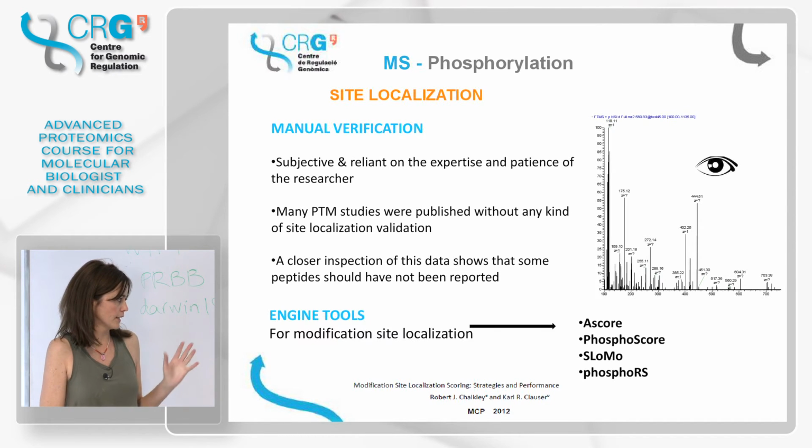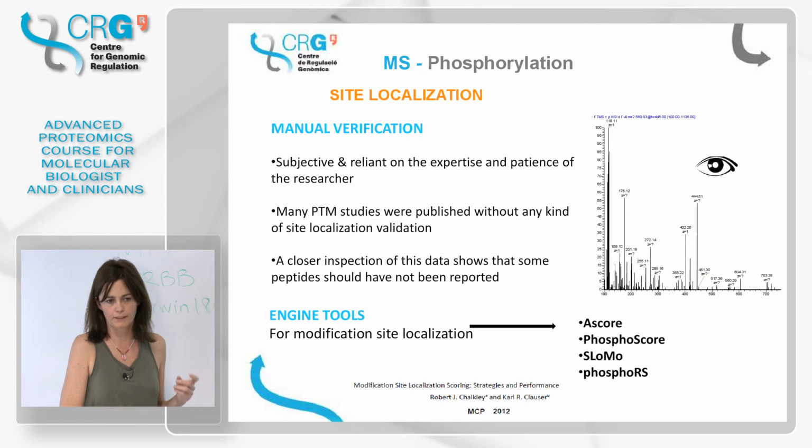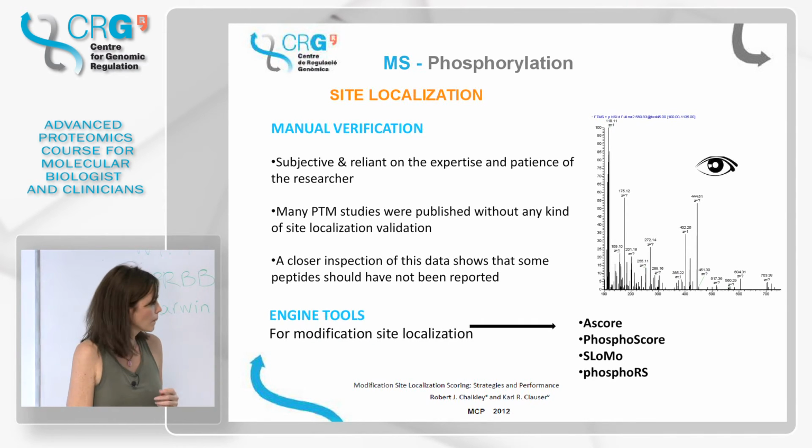And the good news is that there are also some engine tools that can help us with that, and they can give us a probability. So these are some examples.